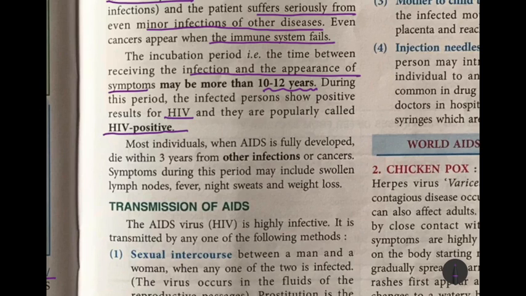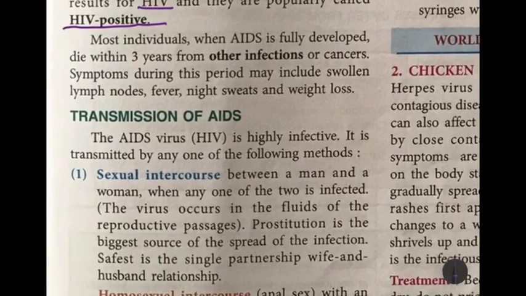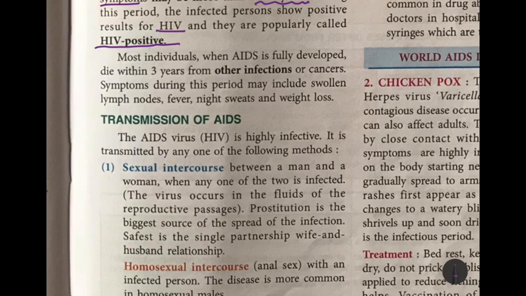Most people, when AIDS is fully developed, die within 3 years, not from AIDS but from other infections or cancers. Symptoms during this period may include swollen lymph nodes, fever, night sweats, and weight loss.